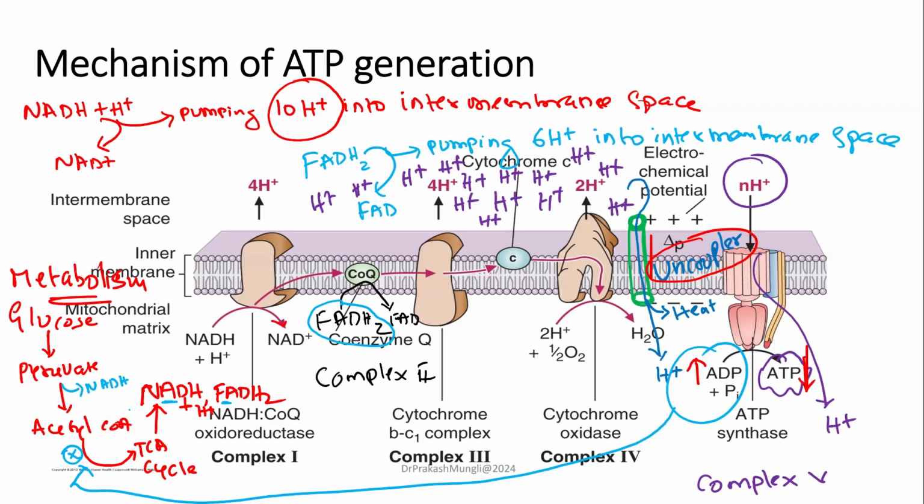What happens to them? They will enter into complex 1, complex 2, and then help to pump protons and try to create a gradient. Will that create a gradient when there is an uncoupler? Will it be successful?